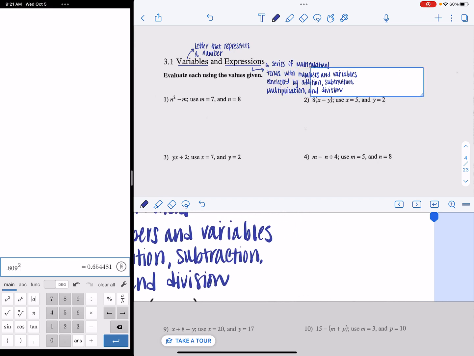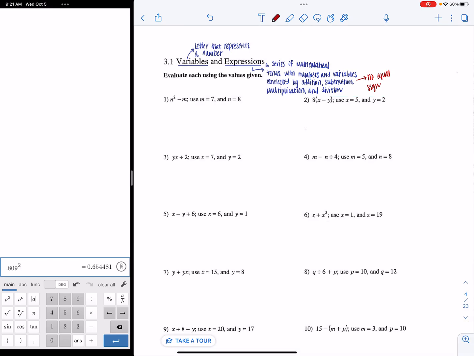The one thing that is missing, you will never have an equal sign when there is an expression. We reserve equal signs for equations.